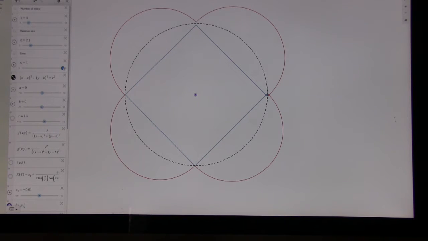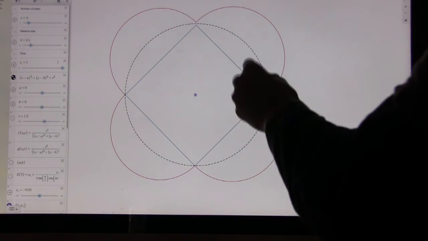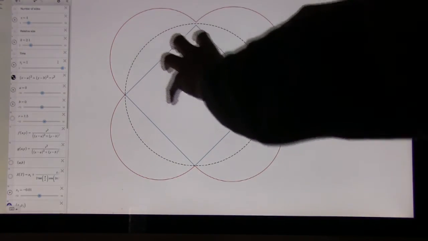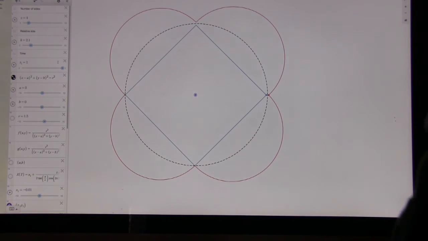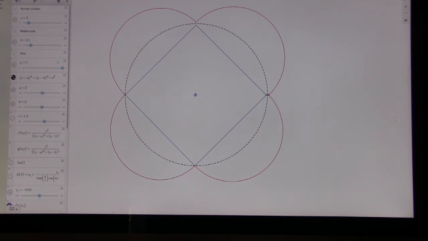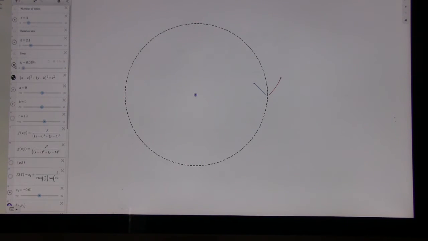What does that look like to you? It looks like the four parts of a circle, and there's a square. So if you remove the square, it would be two circles. Oh, wow. Cool. And then I'll animate it again.